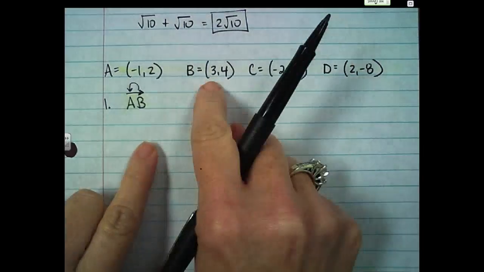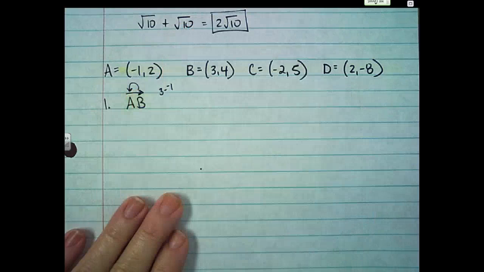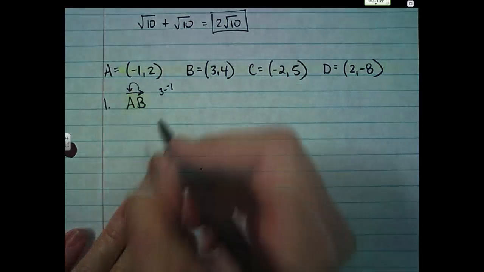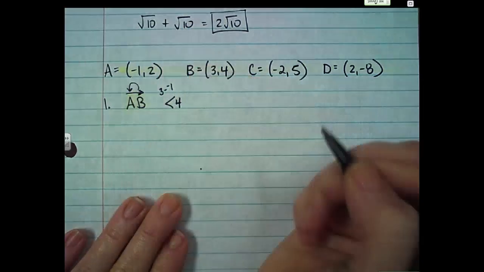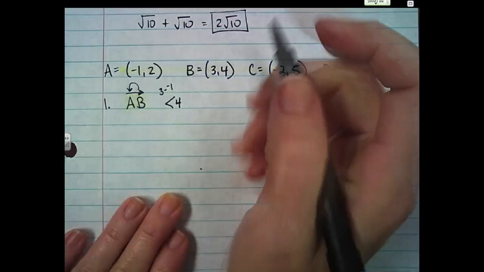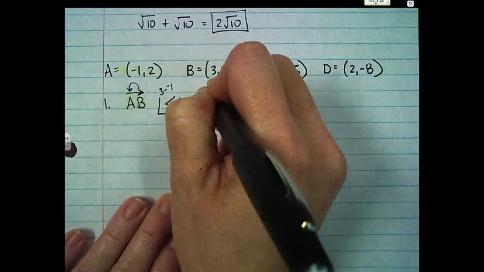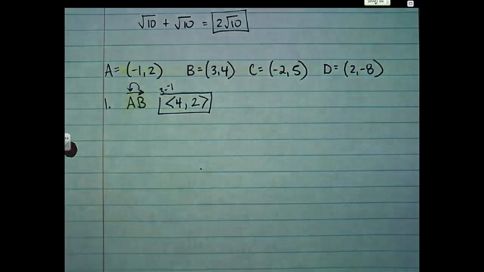So I want 3 minus negative 1. That's really what I'm thinking in my head. 3 minus negative 1. What is that going to give me? 4. Go B to A. Then 4 minus 2 is going to give me how much? 2. So to get from A to B, I'm going to travel right 4 and up 2.